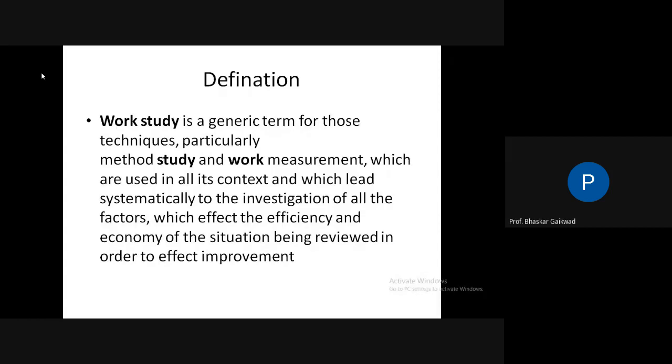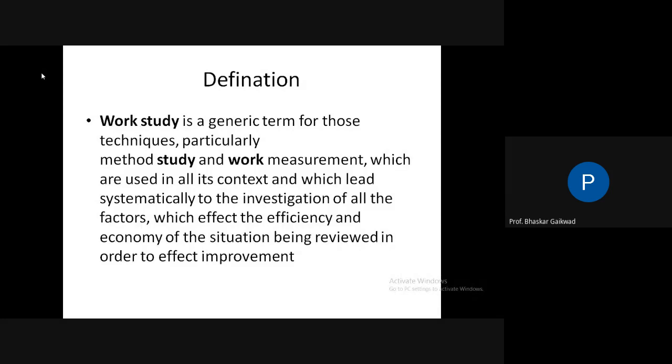It is the generic term particularly for method study and work measurement, which are used in all contexts and which lead to systematic investigation of all factors which affect the efficiency and economy of the situation being reviewed, in order to bring about improvement. So with the help of these two, method study and work measurement, we have to increase the efficiency, increase the production, reduce the downtime, reduce the cost, and it helps improve the output of the organization.